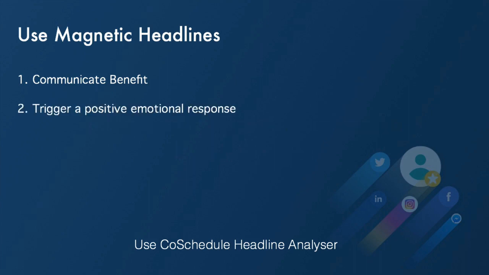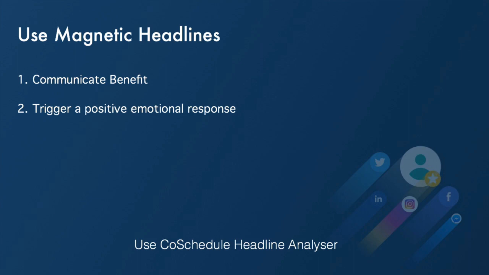Number 2 would be you have to trigger a positive emotional response. This is important because there are multiple things trying to get our attention, and if your headline is just another headline, maybe everybody is trying to post 5 tips to lose weight or 5 tips to grow taller, those kinds of vague headlines or headlines which you have read in any other newspaper like Times of India or Deccan Chronicle, they are not going to entice the user to actually click on it.